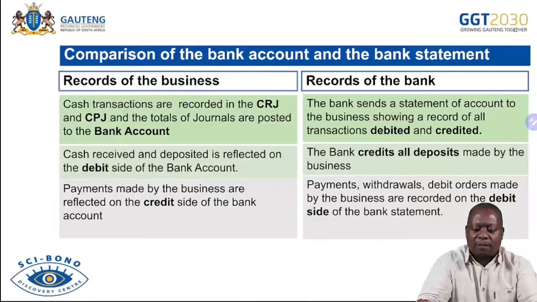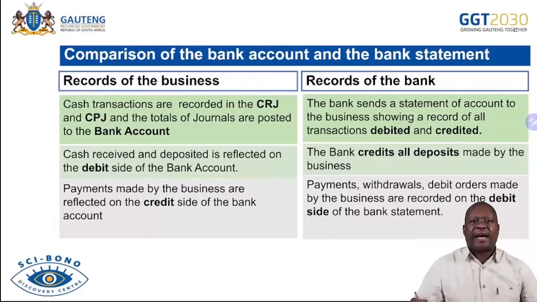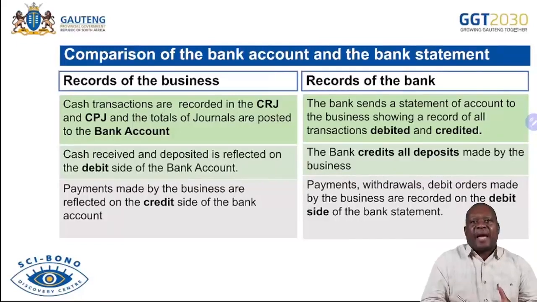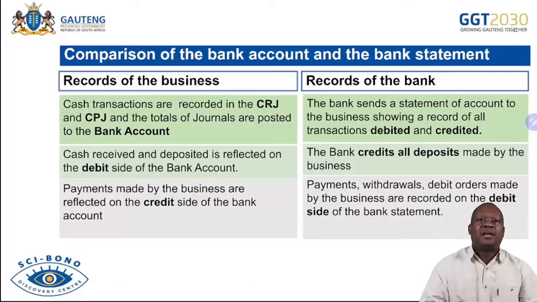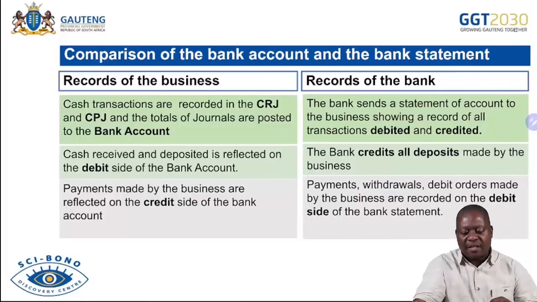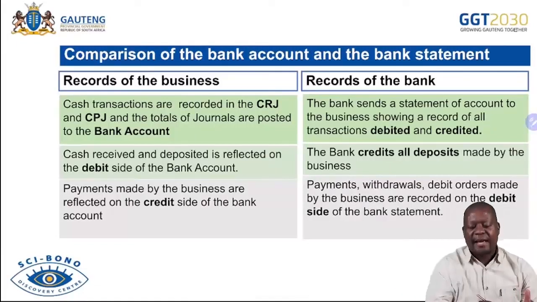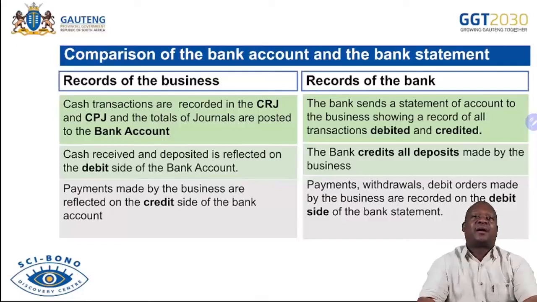And these two are going to merge to bring us a balance that the bank has according to our business records. On the other side, when we look into the records of the bank, the bank records everything on the bank statement. The bank sends a statement of accounts to the business showing the record of all transactions that have been debited and credited by the bank.